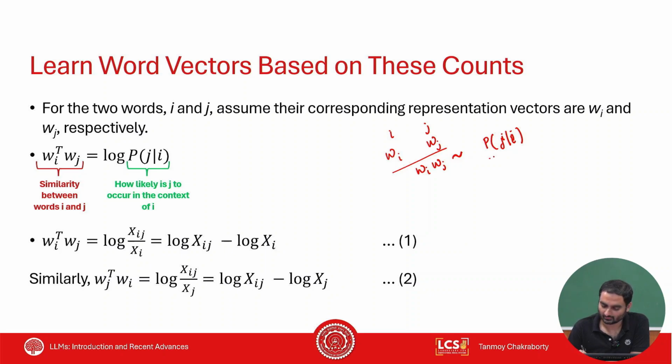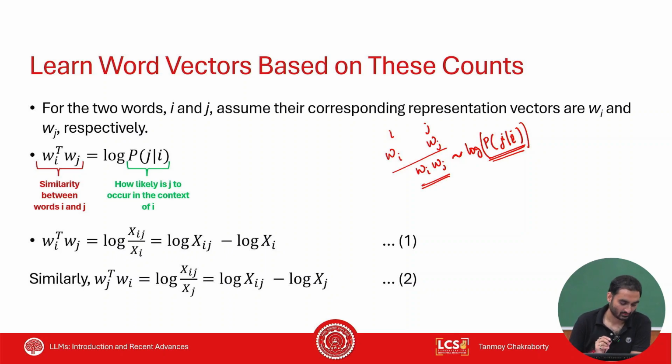This probability I just measured from the count based approach, right? I try to model this dot product similarity using this probability. Instead of taking the raw probability, I take a log probability.